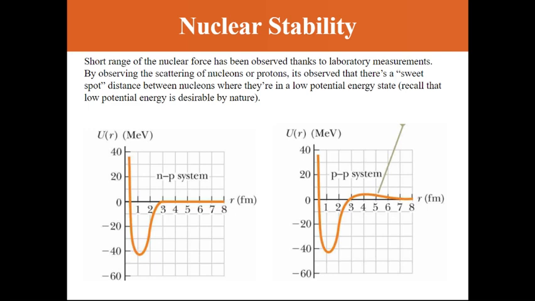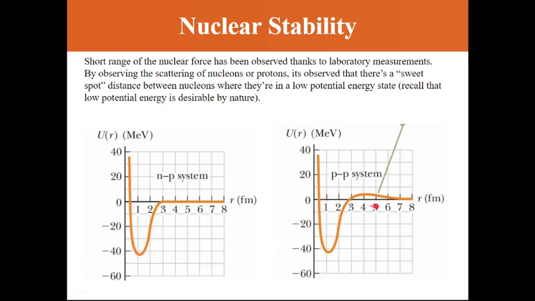Laboratory experiments have shown that between a proton and a neutron, or even between two protons, there's a low potential energy state that occurs when they're really close together. This is a desirable state because you might recall in nature things like to lose potential energy. So once a neutron and a proton come close enough together, they reach this potential well where they're happy to remain, kind of like a ball that falls into a pit. The ball's going to want to stay there.